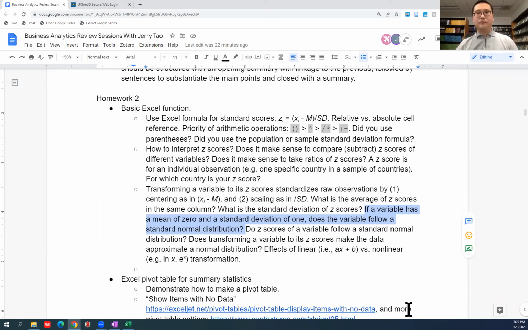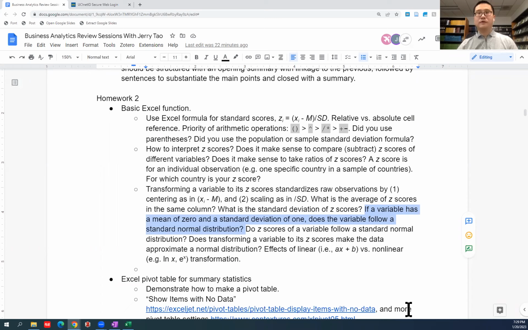Although we learned something about the standard normal distribution, where if a variable follows a standard normal distribution, it will have a mean of 0 and a standard deviation of 1, if we reverse the inference, it doesn't stand.